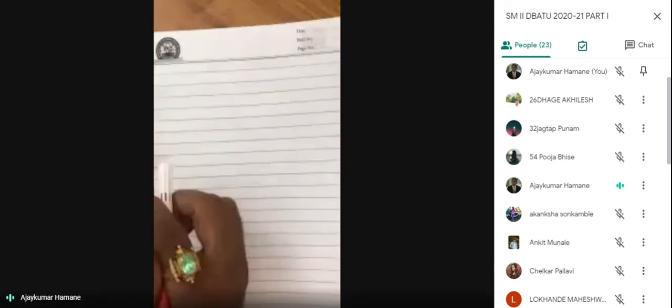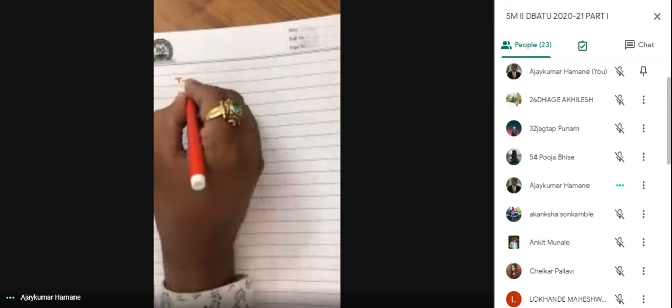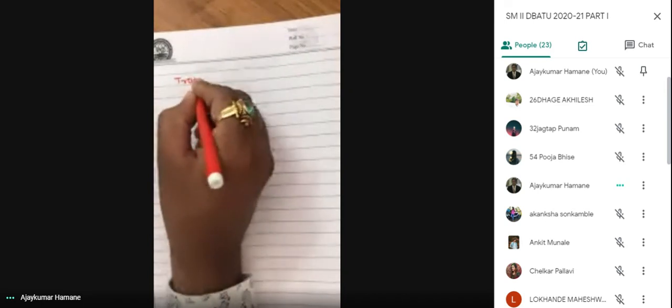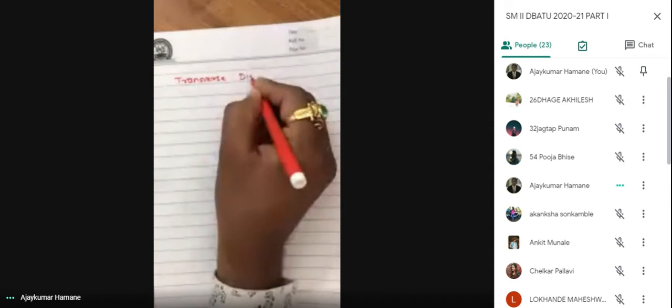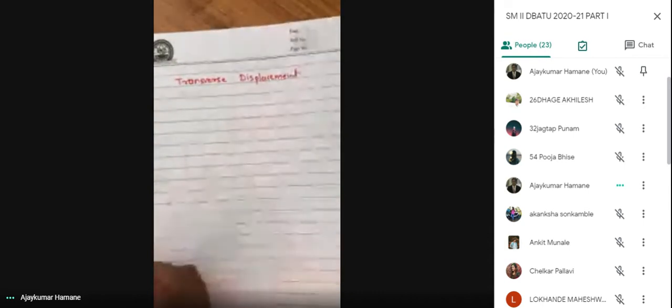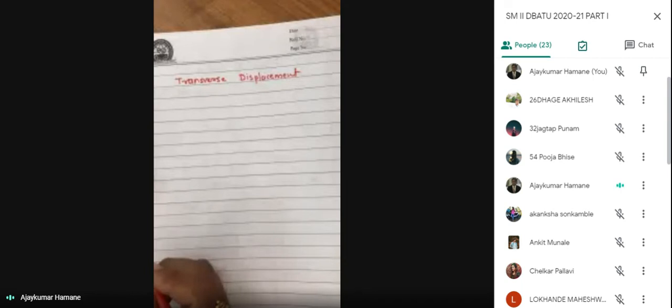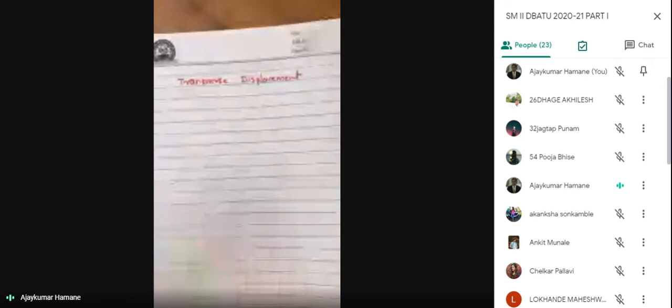Next we'll see transverse displacement. Transverse displacement is nothing but in terms of shear.